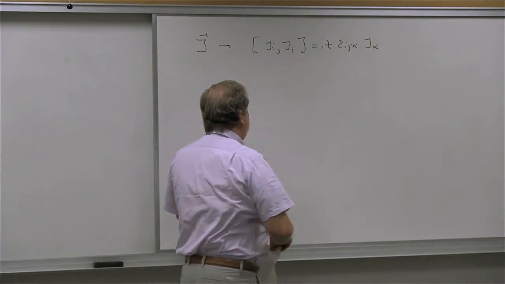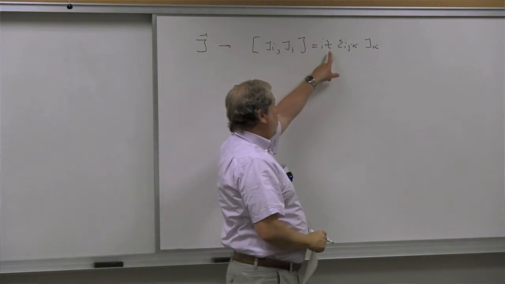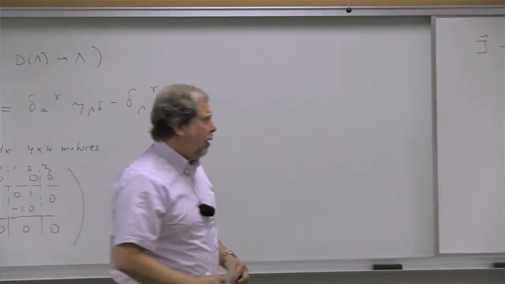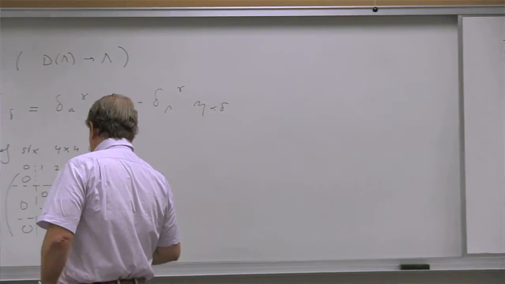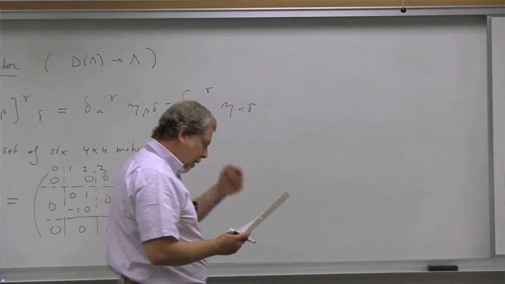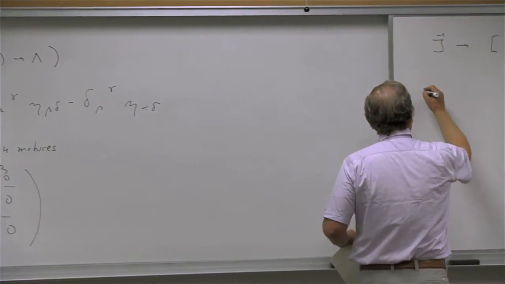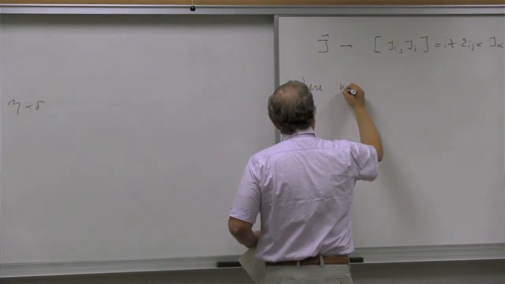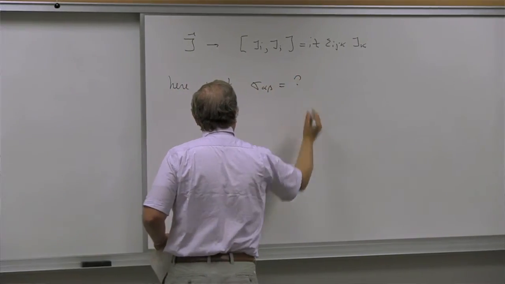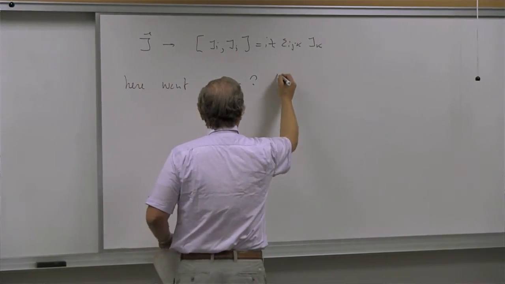So [Jx, Jy] is equal to i h-bar times Jz. That was easy. And here, what you can use is a multiplication rule, and in particular the commutation relations.